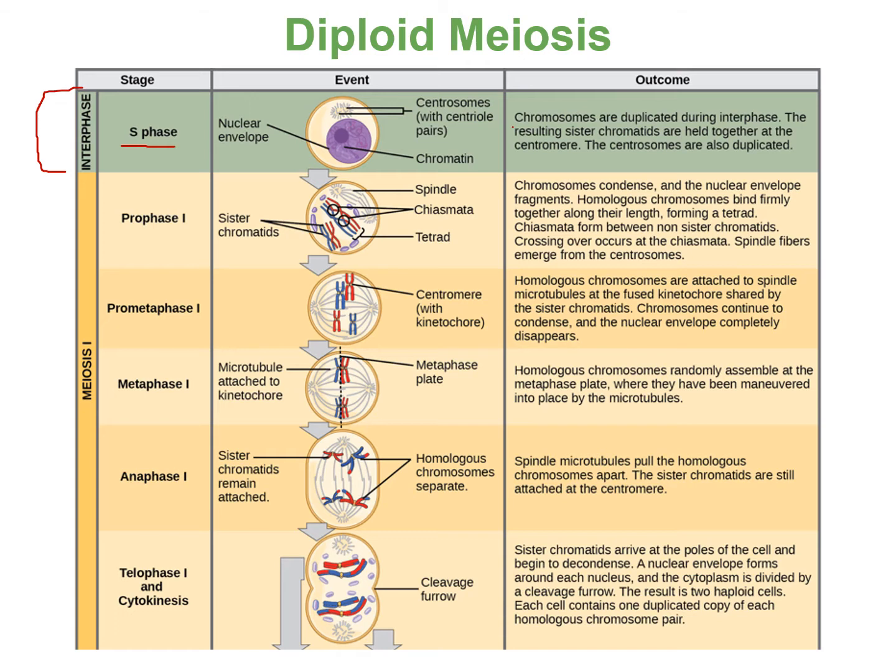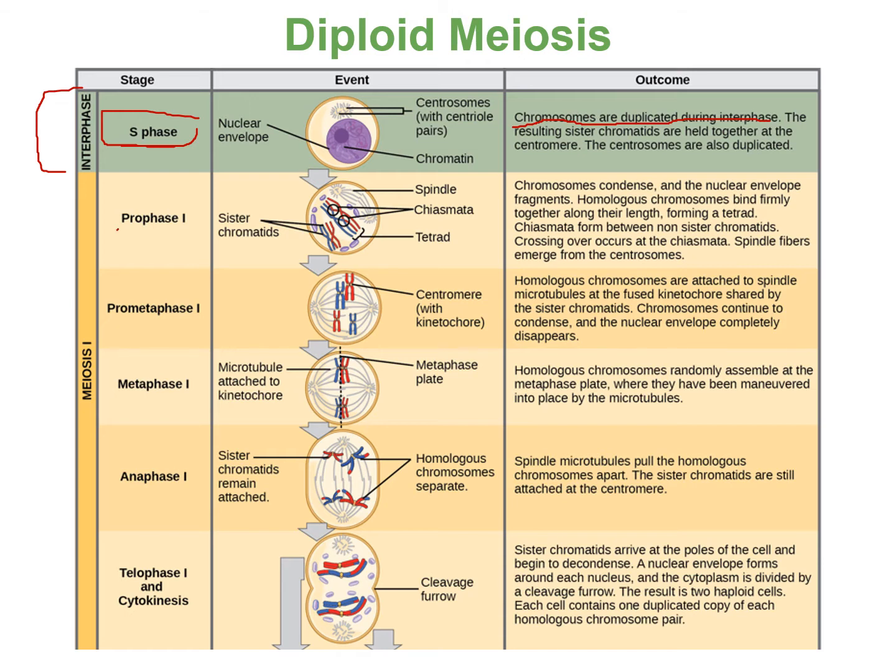Really important: chromosomes are duplicated during interphase, specifically S phase. I always write a question on that. And then finally in the G2 phase, the second gap phase, the cell undergoes the final preparations to enter into meiosis.